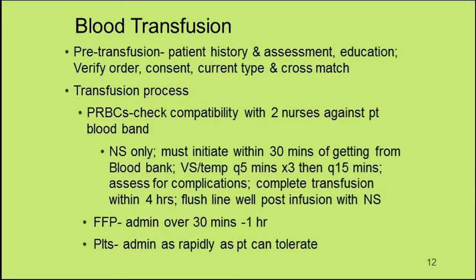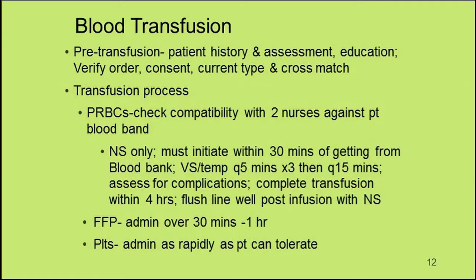Typically, we're going to start the infusion at a slower rate and then monitor the patient's response, and then you can increase the rate a little bit if we know that the patient is tolerating it well. But the transfusion needs to be completed within 4 hours. So, you've got a unit of blood that's approximately 250 mils.